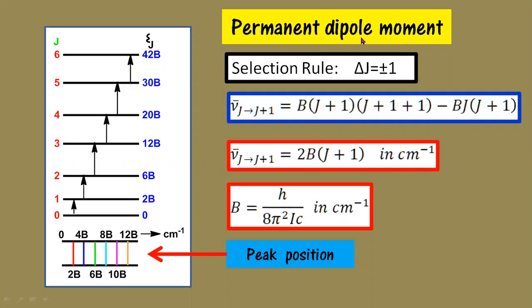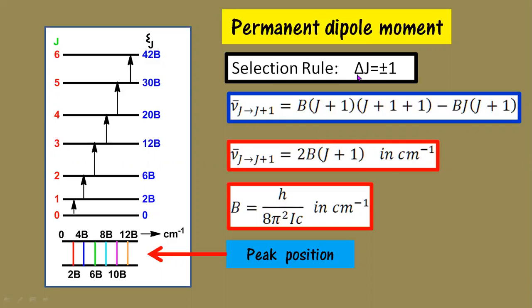And based on that and your interaction with the light, one selection rule has been derived. Okay, so there is a direct connection between this dipole moment and the selection rule, which I am not going to explain, but I am telling you so that you will understand that there is a direct relationship between permanent dipole moment and the selection rule.